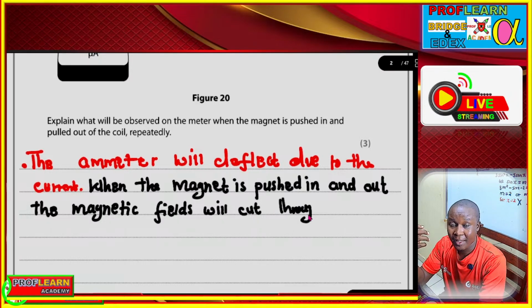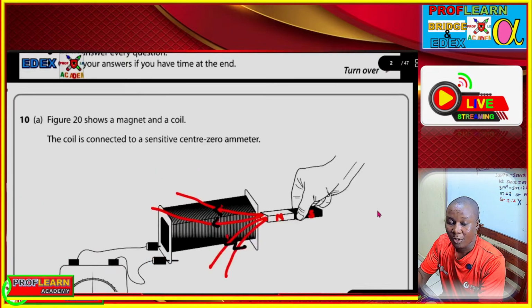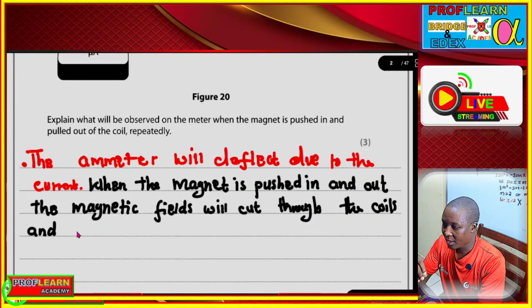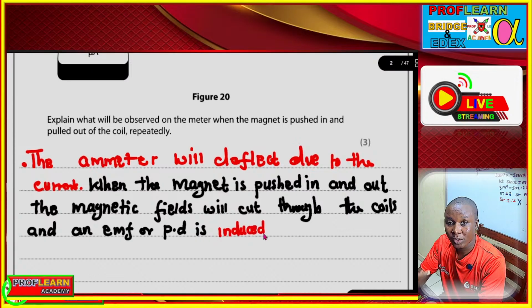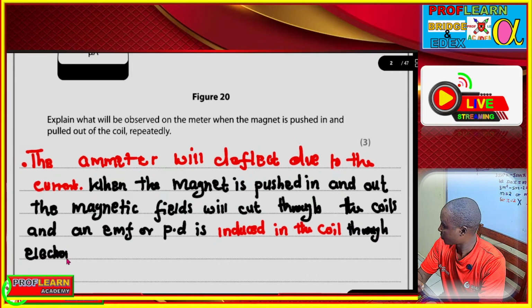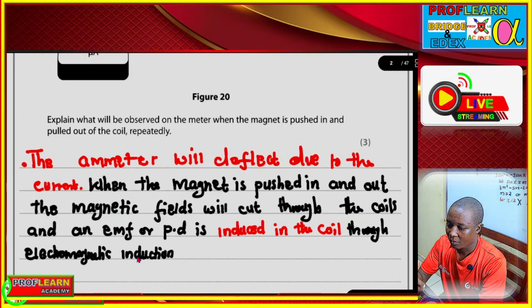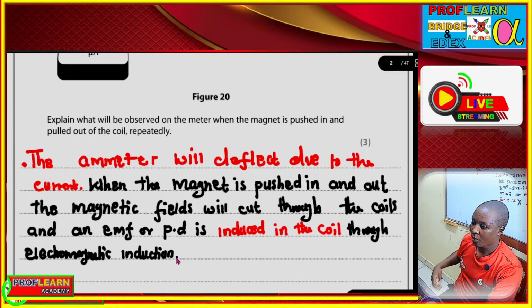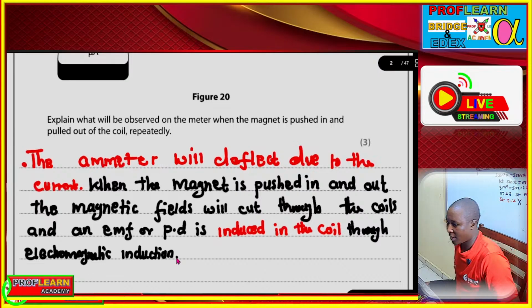And when the magnetic fields cut through the coil, an EMF or a potential difference is induced in this particular coil, which is going to result in the flow of current. So the EMF is induced through electromagnetic induction.